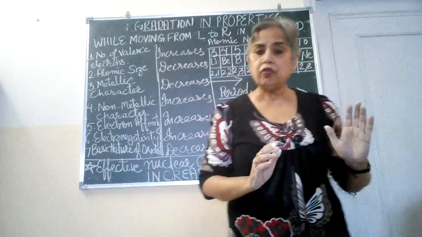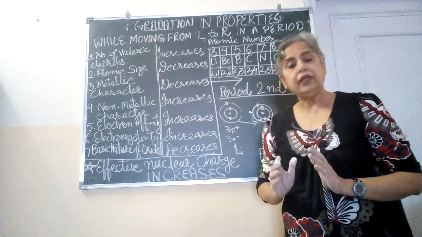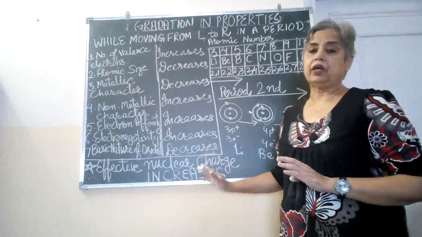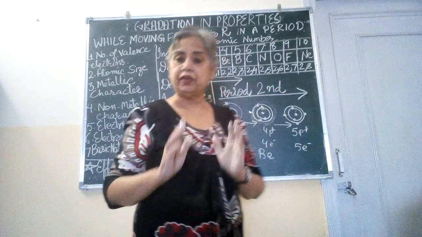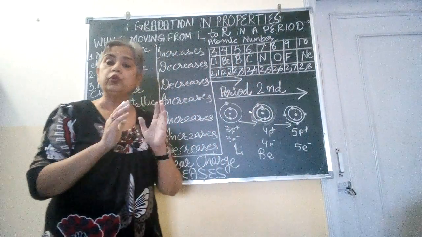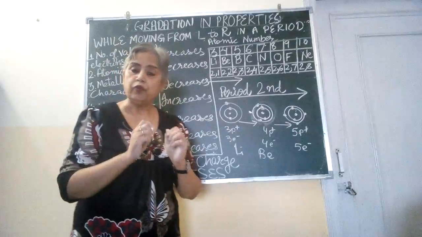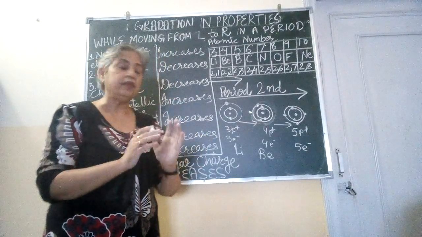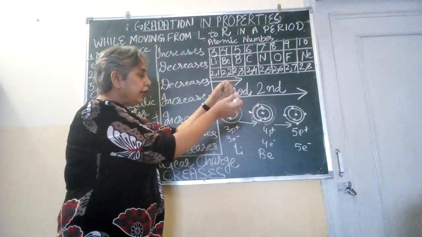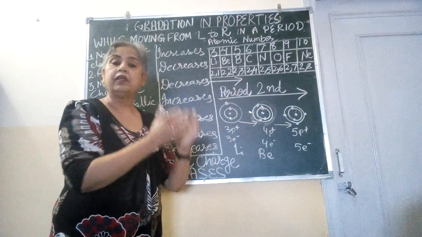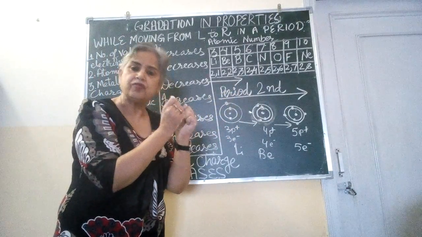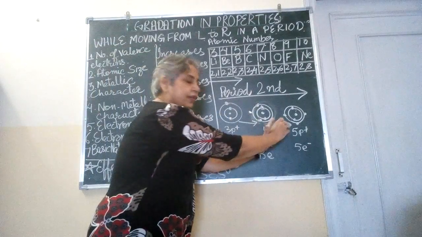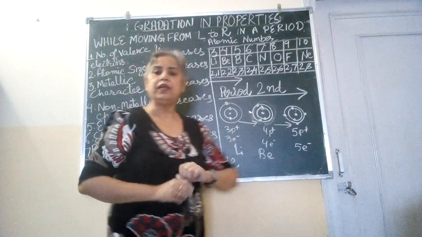Along with the increase in nuclear charge, effective nuclear charge is also increasing. So, due to this, the nuclear attractive force is increasing. Hence, the electrons in the valence shell are squeezed close to the nucleus. Hence, the size decreases. Okay, students?